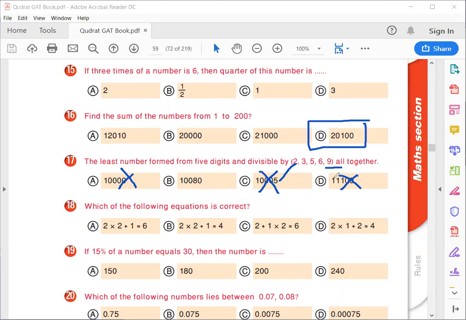If you add all the digits, then you get the sum: 9, 18, 27, 36. That is divisible by 9. So the correct answer is B, because it is divisible by 2, by 5, by 3, by 6, by 9. So the answer is B. Right? Good.